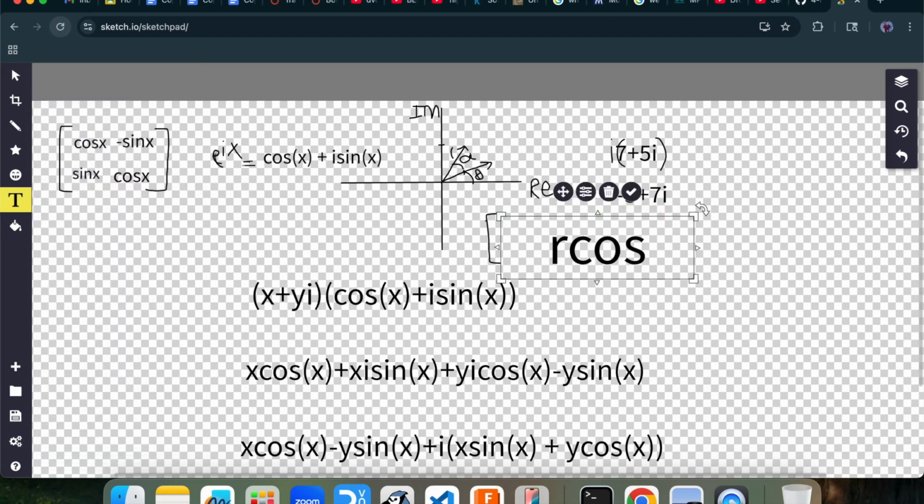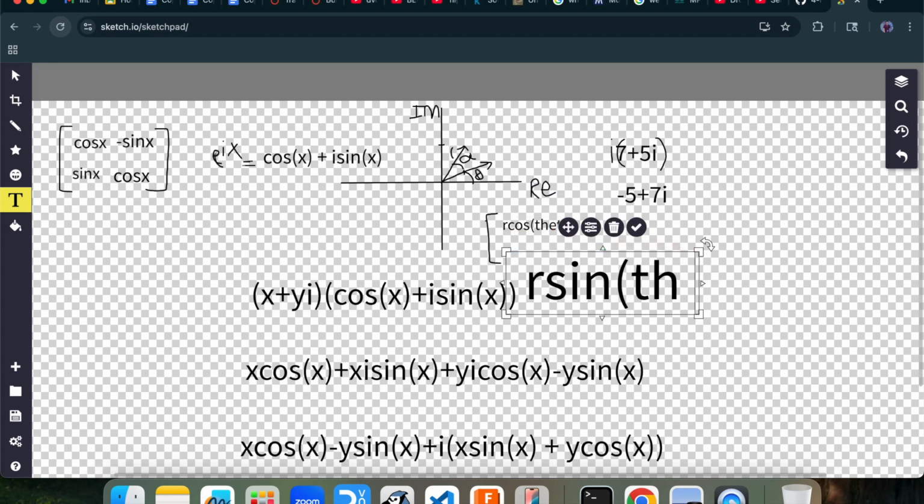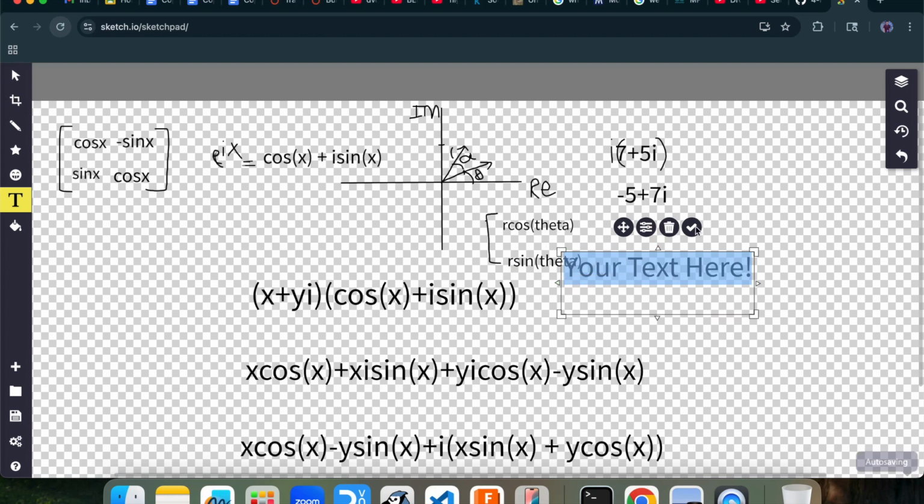r cosine theta, for the x and y coordinates.